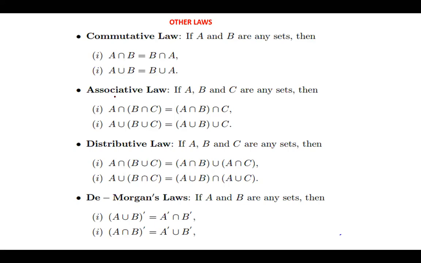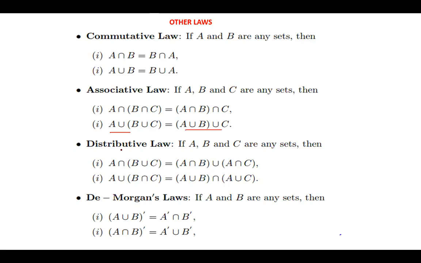Associative simply means that if you group two letters here, and you also make another group here without switching the letters, you still get the same answers. Without switching the letters and without changing the signs, you still get the same answer.